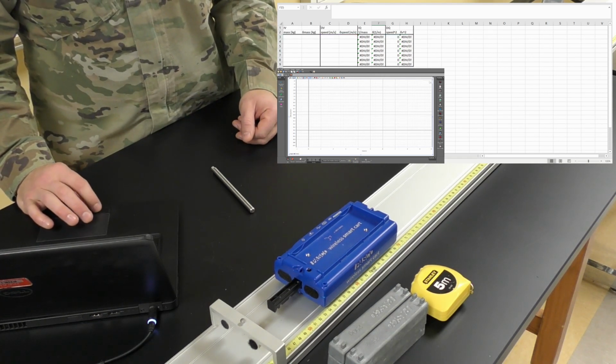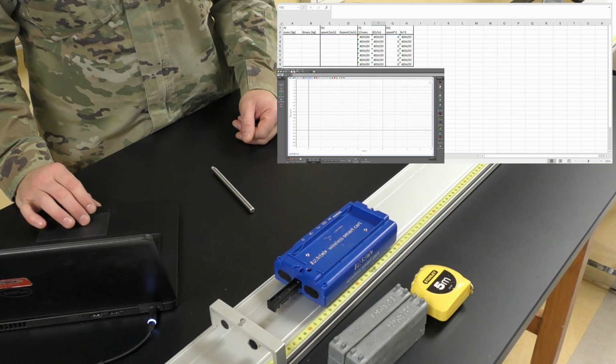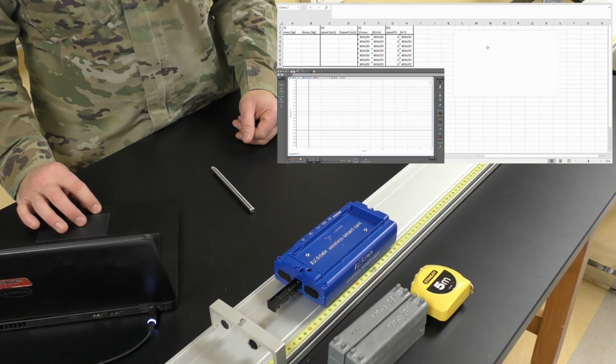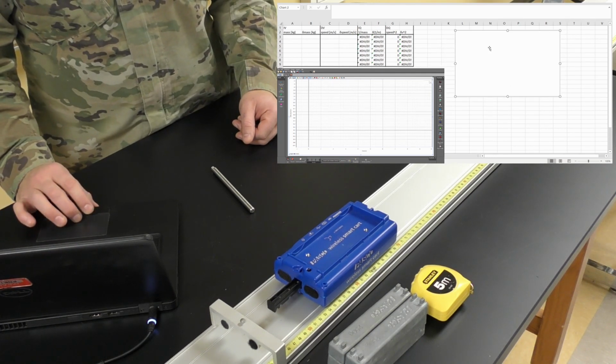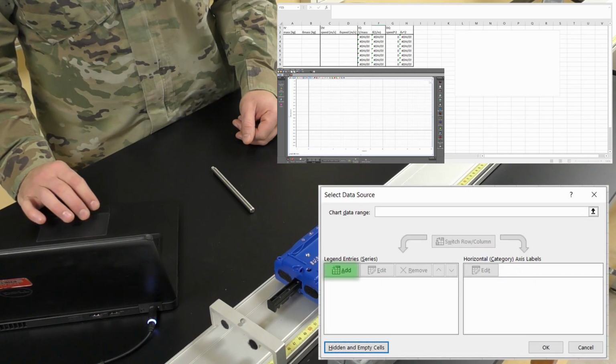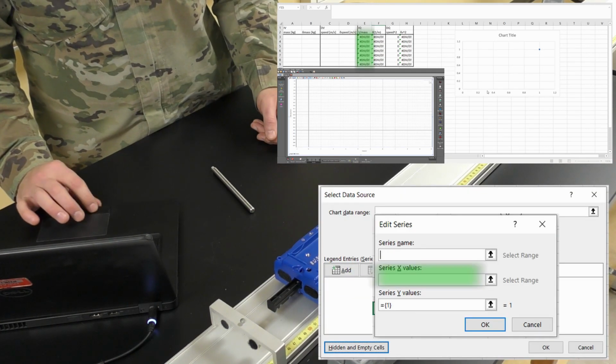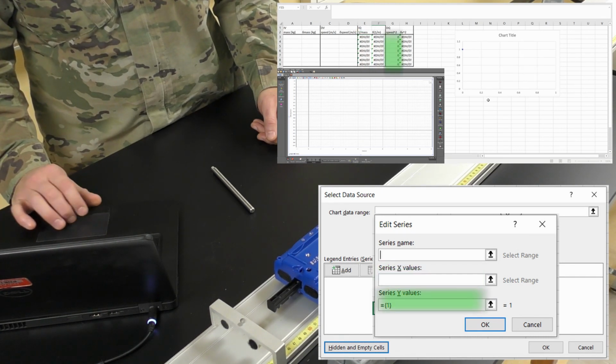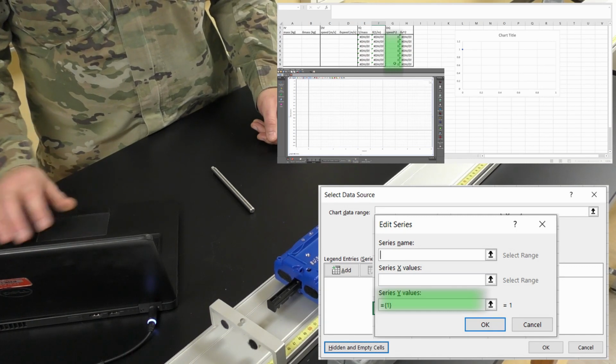And what I want to do is go ahead and produce a scatter plot. As I'm collecting the data, I want to display it in real time, so I'm going to select the data. I know there's a window you can't see, but I'm going to choose my X values to be my independent quantity and my Y values to be my dependent quantity.